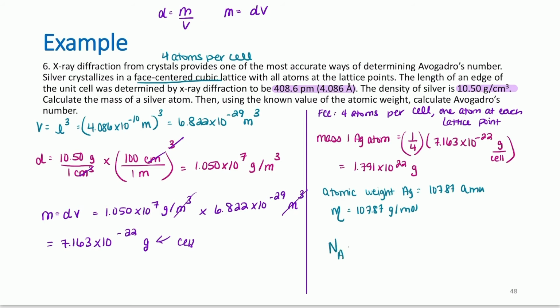So Avogadro's number is 107.87 grams per mole divided by 1.791 times 10 to the minus 22nd grams, which gives me 6.022 times 10 to the 23rd per mole. And you just confirmed Avogadro's number.